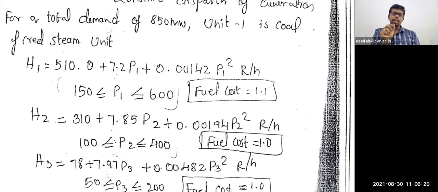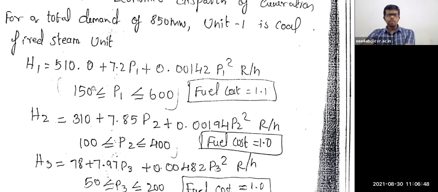So 150 megawatt less than or equal to P1 less than or equal to 600 megawatt. Next, P2 is equal to some other value, comma, 100 megawatt less than or equal to P2 less than or equal to 400 megawatt. Similarly P3 is equal to 121 point something megawatt, comma, 50 less than or equal to P3 less than or equal to 200.